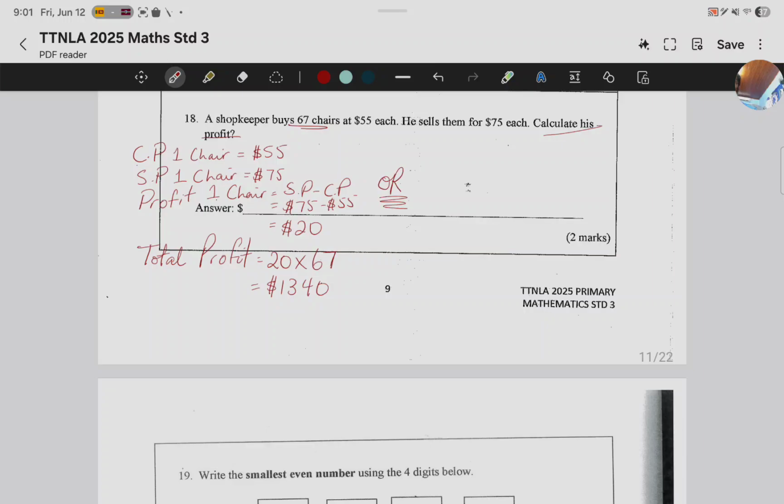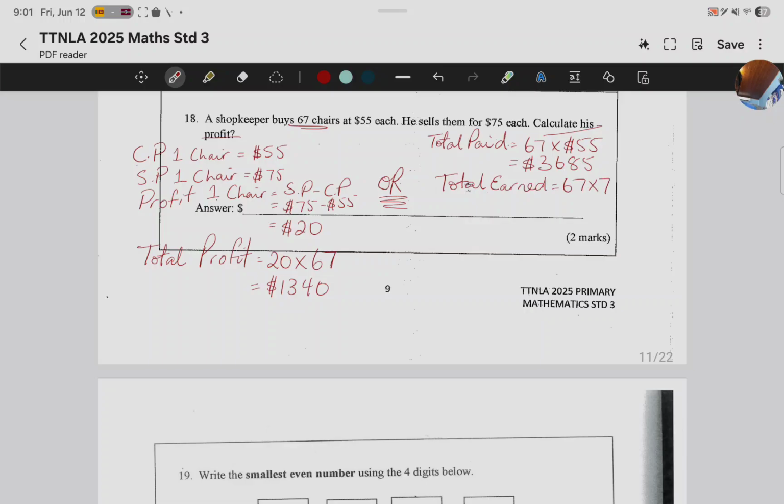Another way is calculate the total paid. So total paid would be the 67 chairs multiplied by the cost for one chair, which he paid $55, and that will give us $3,685. Then we could calculate the total earned after selling. So total earned, 67 chairs sold.